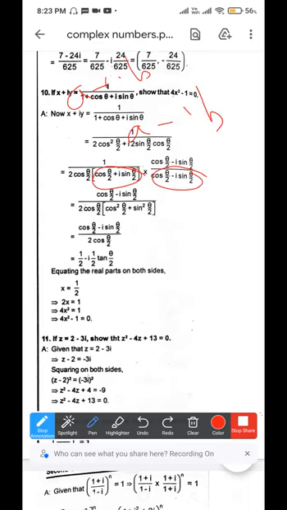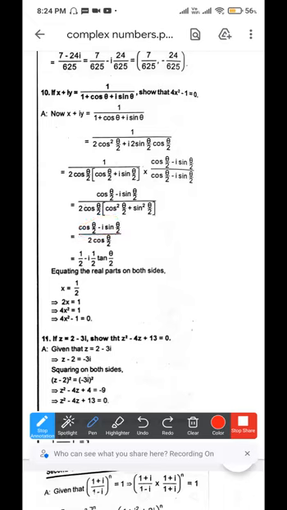A plus ib into a minus ib is nothing but a square plus b square. So cos square theta plus sine square theta is equal to 1. So this will be cos theta by 2 minus i sine theta by 2 by 2 cos theta by 2.